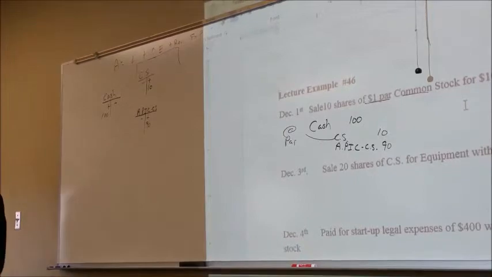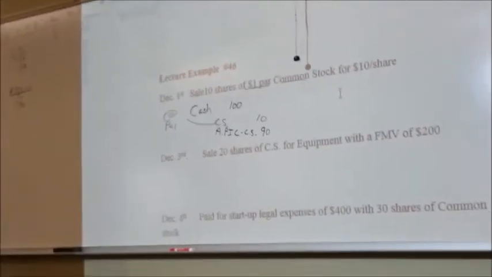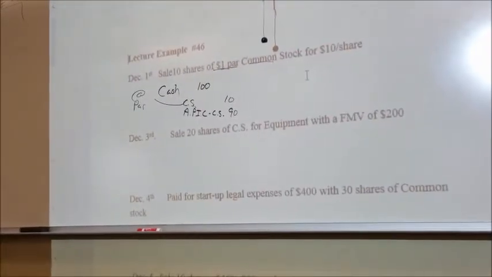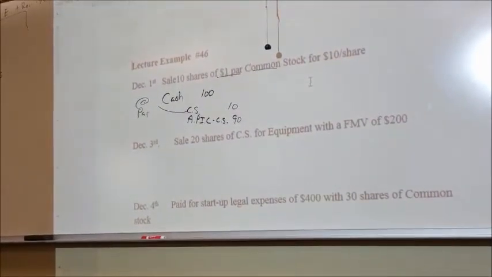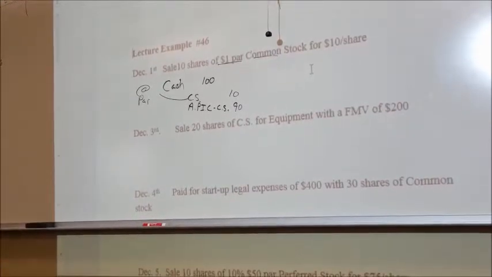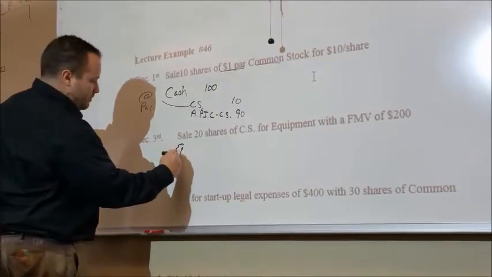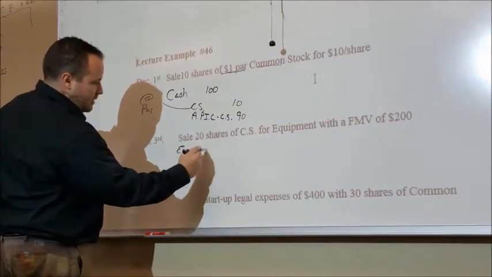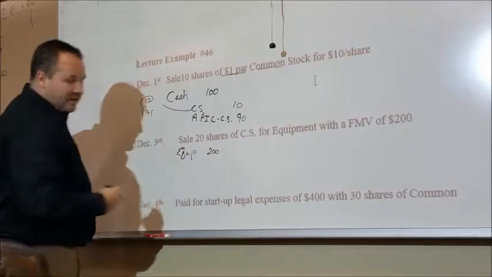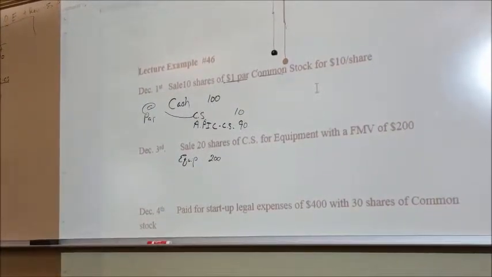On the third, we're going to see that we don't necessarily have to get cash in order to give somebody part ownership. On the third here, we got equipment instead of cash, so that's going to be our debit. Equipment, you put it down at what it would have been valued at, what you would have paid for it with cash.